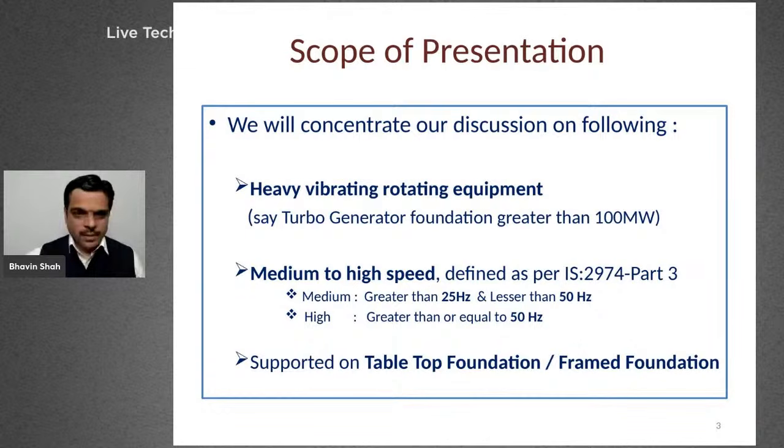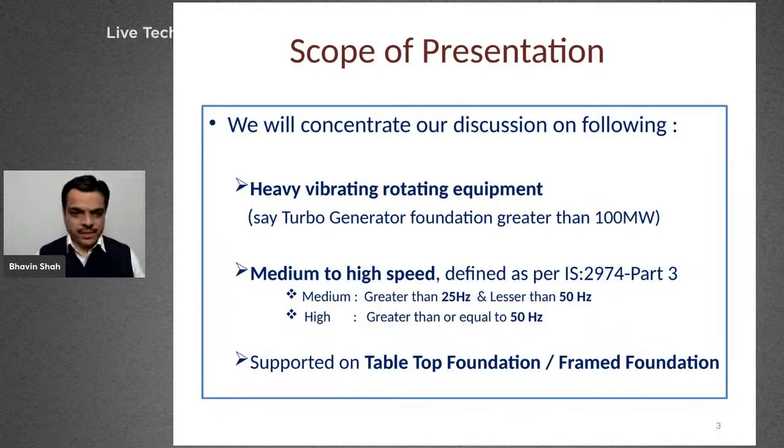Based on the queries, I have created this presentation which is focusing on heavy vibrating rotating equipment. Let's say the turbo generator foundation, which is greater than 100 megawatts, and it is medium to high speed.